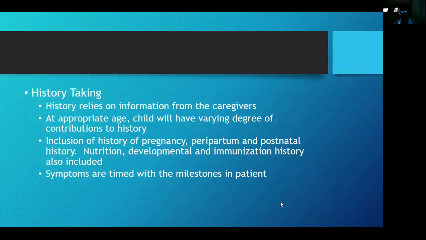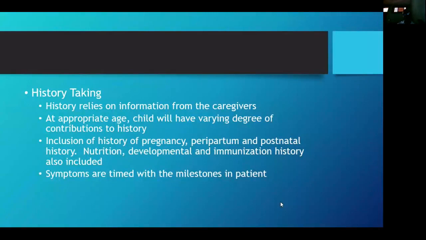But a child at an appropriate age will have varying degrees of contribution to the history that we can obtain. In addition to the regular history that we take in adults, there will be need to include the history of the pregnancy, the peripartum events, as well as the postnatal history.